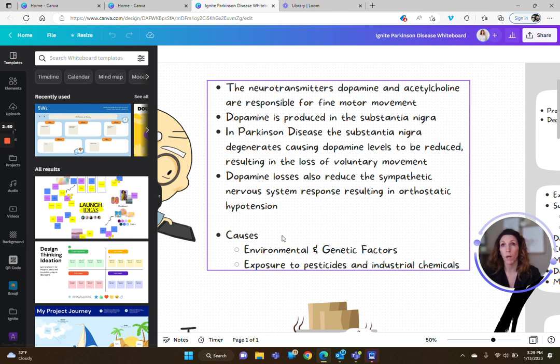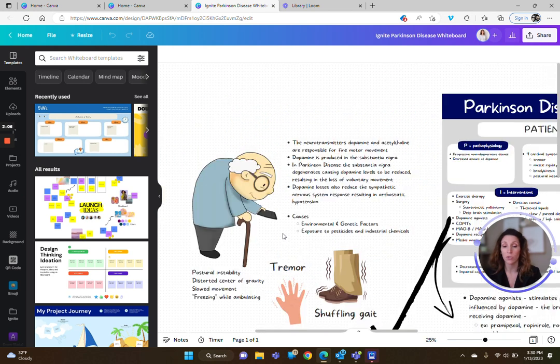There's a very rare form of genetic Parkinson disease, but they think maybe it's just some different things that all come together to create this problem. And they also have found some association with exposure to pesticides and industrial chemicals.